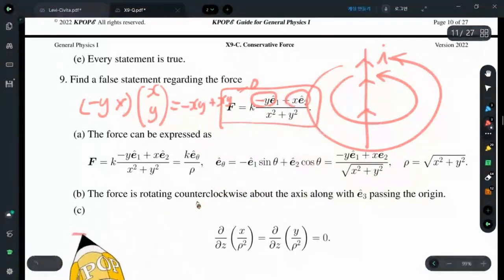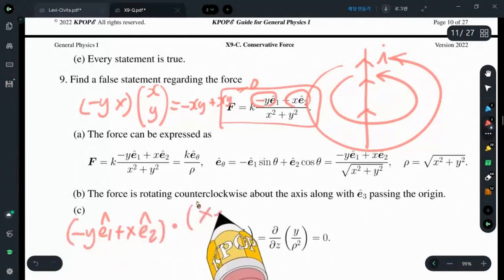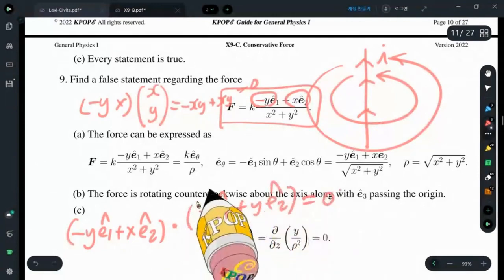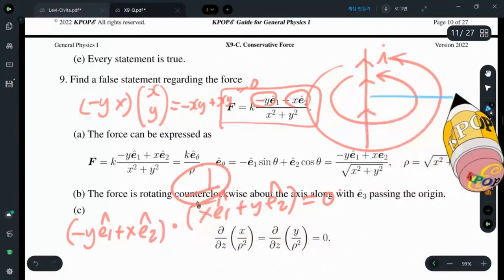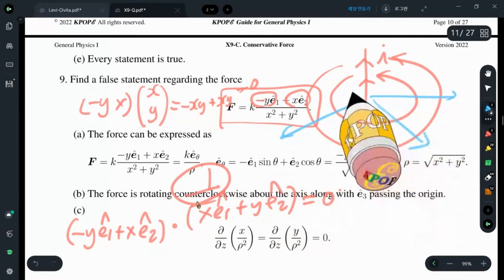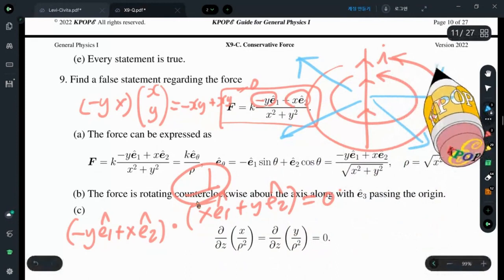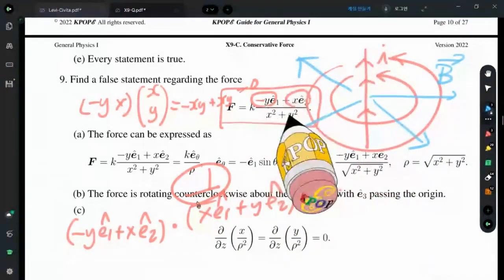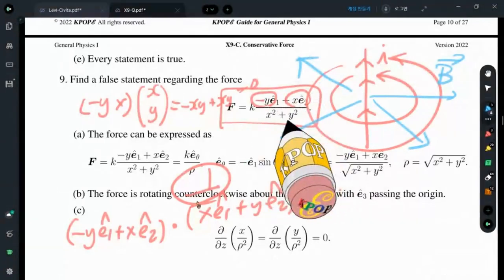That means this vector, minus y e1 hat plus x e2 hat, dot x e1 hat plus y e2 hat, is 0. That means they are perpendicular to each other. Perpendicular to what? The planar radius direction and this direction. So the magnetic field generated by current along a straight wire has this kind of form. Still, we have 1 over rho squared in the denominator.